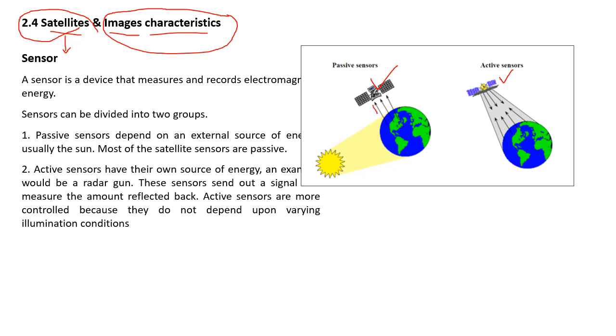In passive remote sensing, the process I'm discussing is that there is the sun, there is energy, there is a reflection, and there is a detection. So that is the passive sensor. But generally what happens? The problem is that in between the sensor and the Earth, there are clouds.